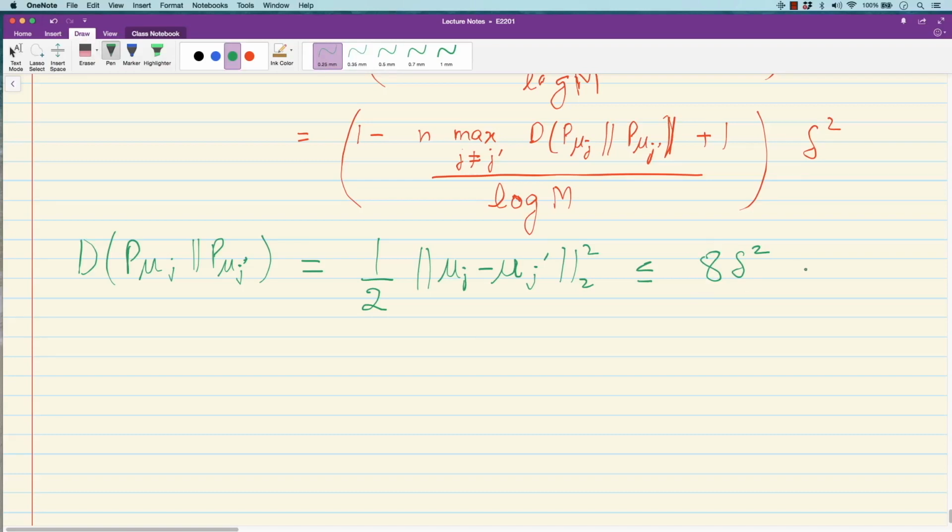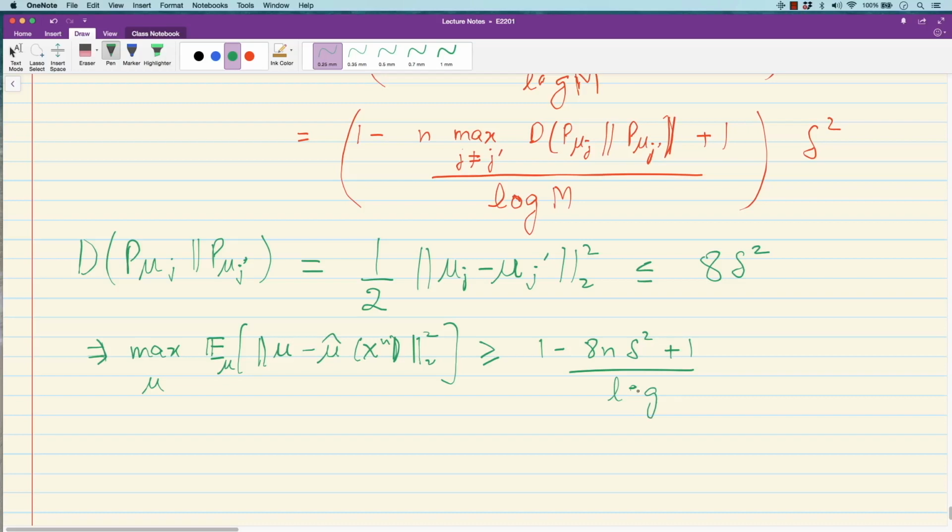Okay, 8 delta square. So when we put this bound here, we get max over mu of the expected value of the norm of mu minus mu hat of x^n is greater than 1 minus 8 n delta square plus 1 by log m, times delta square.